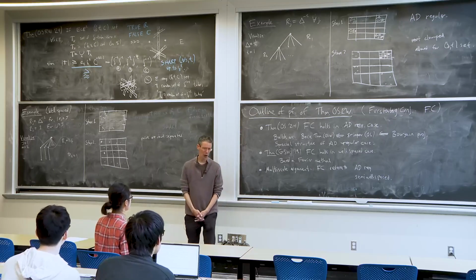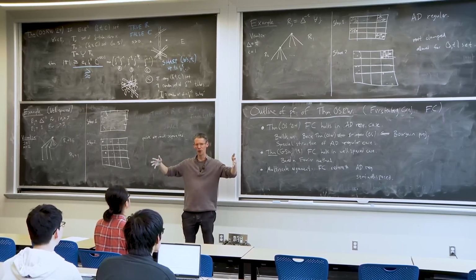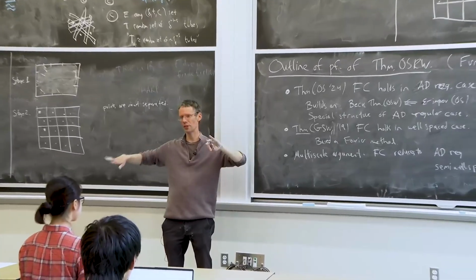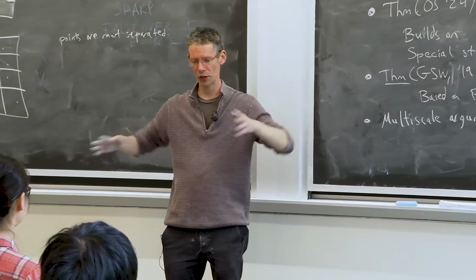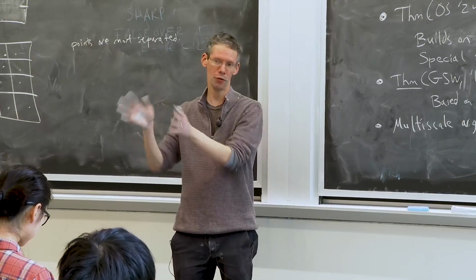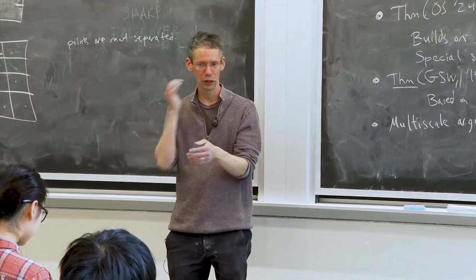OK, so the question is, we've taken all the delta t sets. We have then divided them according to their branching function. One extreme is the AD regular, and one extreme is the well-spaced. And then the question is, among different sets with the same branching function, like among different AD regular sets, how different are they from each other?